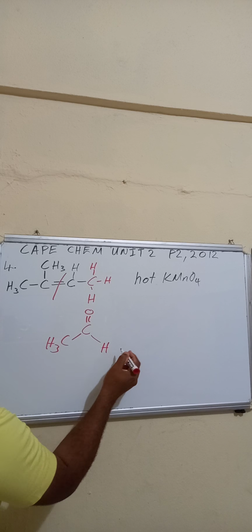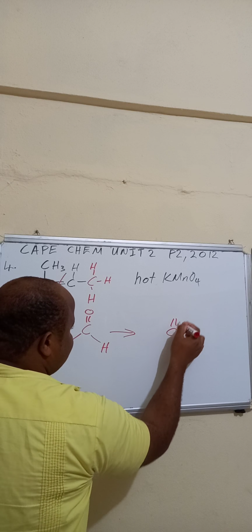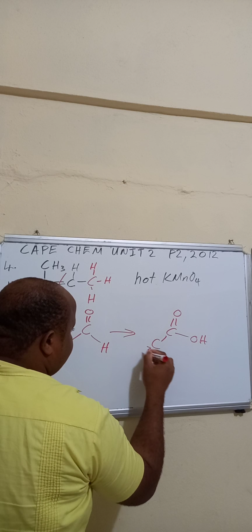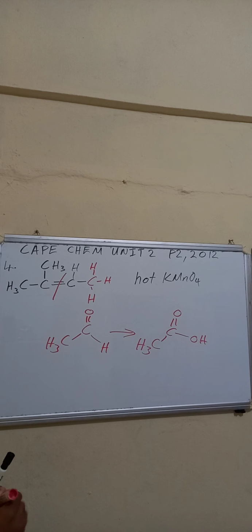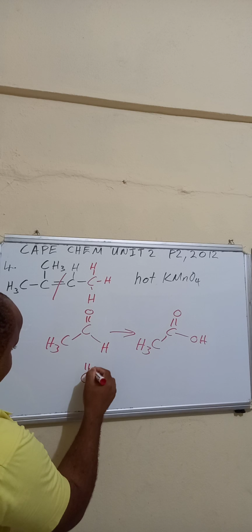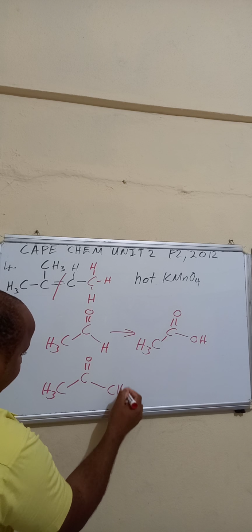So that's the aldehyde, and it will be further oxidized to a carboxylic acid. So, two methyl groups, you get a ketone. Alright?